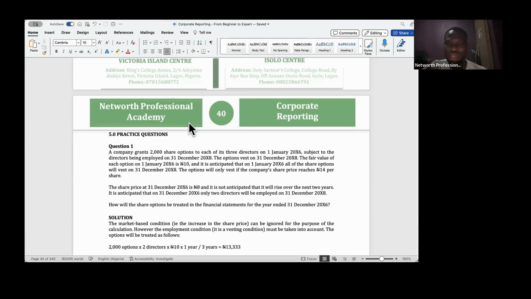Okay. For the other ones that Mr. Kazim taught you, I'm sure he didn't mention anything around equity. It's just around carrying amount of assets and liabilities, and also the tax base. For that one, when the carrying amount of assets is higher than that of the tax base, then you'll have a taxable temporary difference. And when you have a taxable temporary difference, then you have a deferred tax liability.